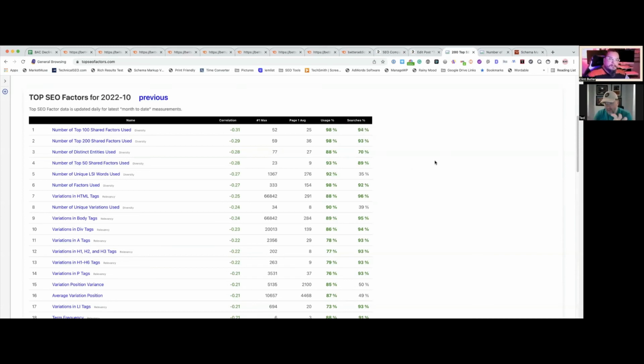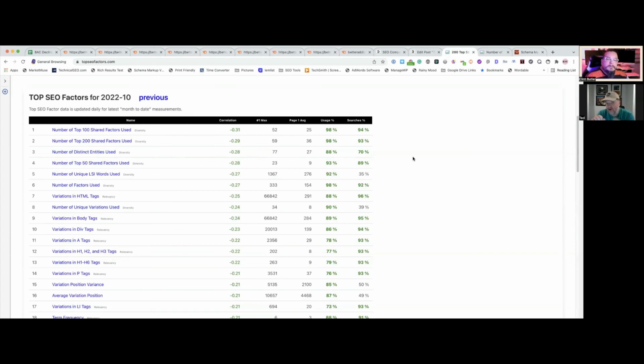So what percentage of the distinct searches is this factor applicable to? Oh boy, I messed that up royally. So for factor number 3, 70% of the keywords had number of distinct entities as a factor in their reports, as a strong correlating factor with rank position. So it's significant.